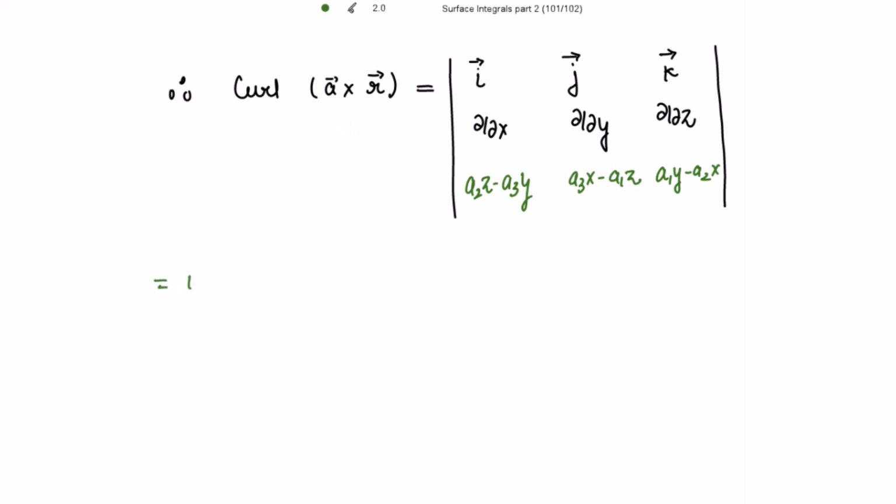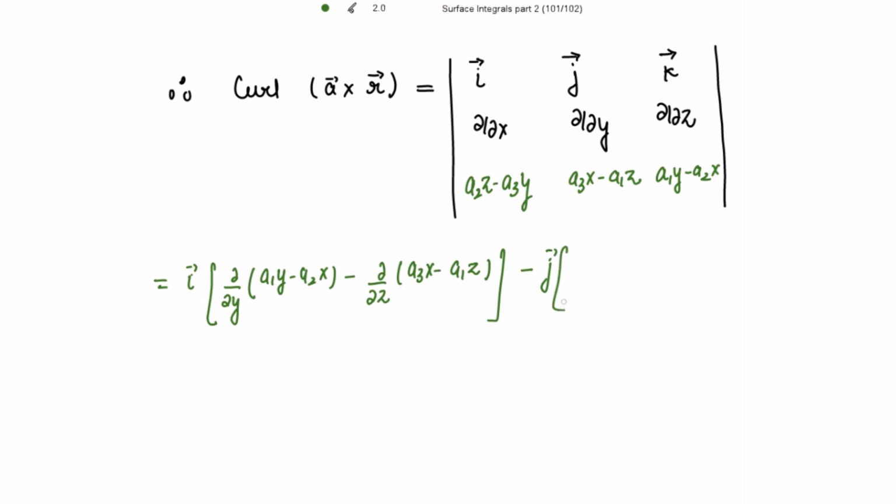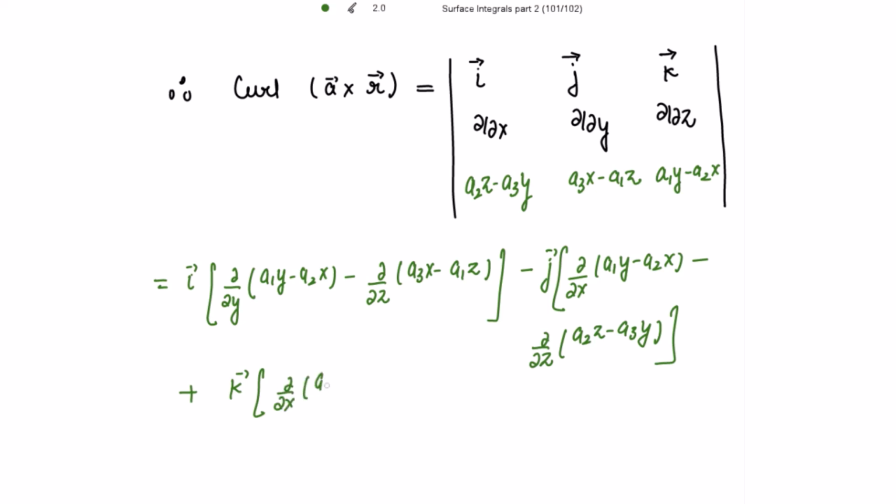So this is i vector, partial derivative with respect to y of a1y minus a2x minus partial derivative with respect to z of a3x minus a1z, minus j vector, partial derivative with respect to x of a1y minus a2x minus partial derivative with respect to z of a2z minus a3y, plus k vector, partial derivative with respect to x of a3x minus a1z minus partial derivative with respect to y of a2z minus a3y.